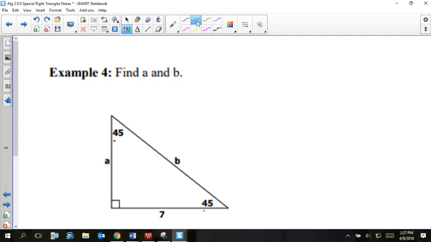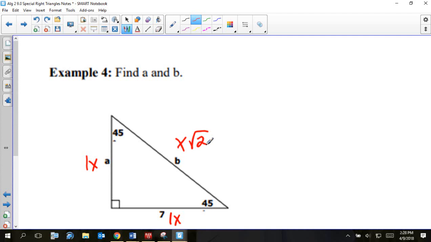So we look at our formulas for the 45, 45, 90. There's two different sides. The short side is 1x, but that one occurs twice. And then the long side, which is also the hypotenuse, is x square root 2.